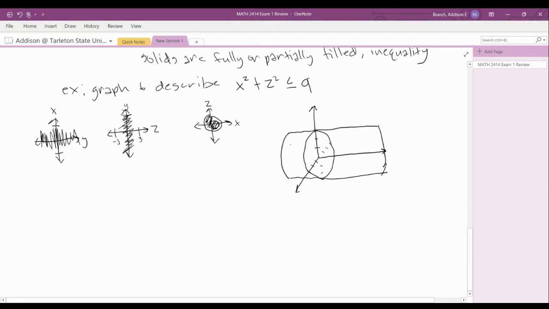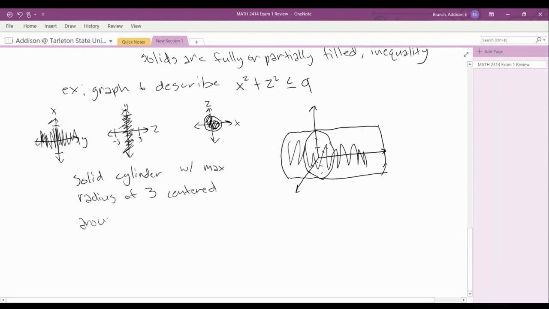And then, of course, it'd be solid, so we're going to fill it in and then say that if we were describing it, we have a solid cylinder with a max radius of 3, centered around the y-axis.